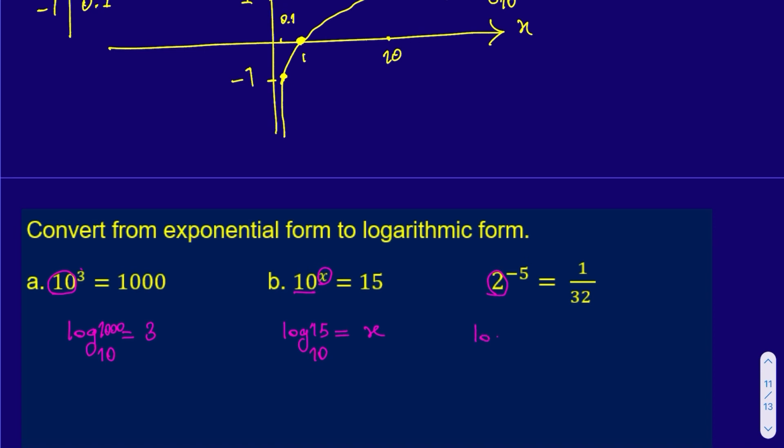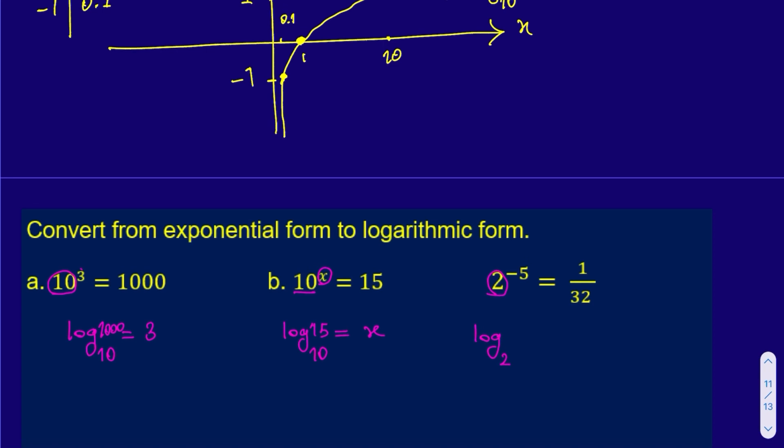I will say log to base 2. First I will write the base. Actually we need to first write the number and then the base, but this is the easiest way to identify the base, and then according to the base we can convert the exponential form to logarithmic form.